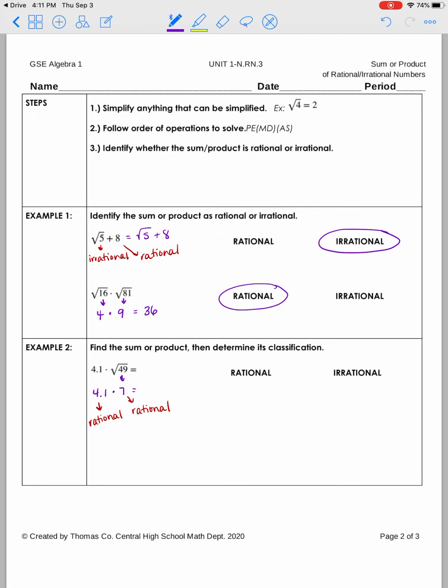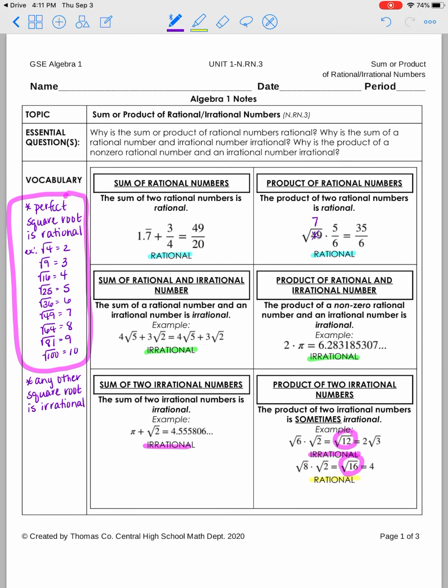If I multiply them out, I'm going to get 28.7. And 28.7 is a rational number because that decimal ends. And a rational times a rational always gives us another rational. You can always look at this chart here to help you through that.